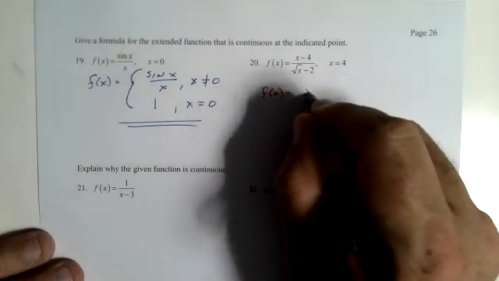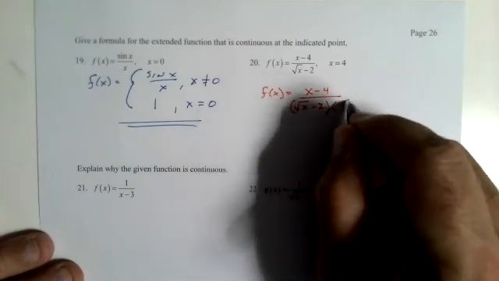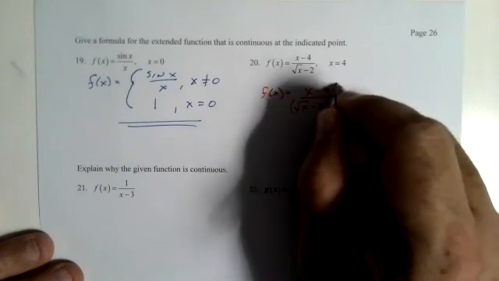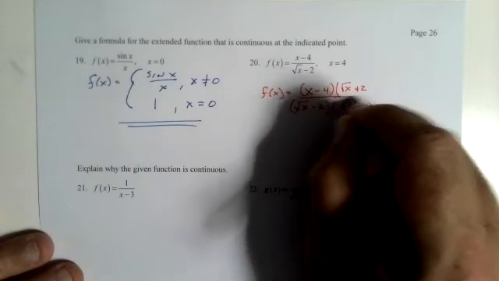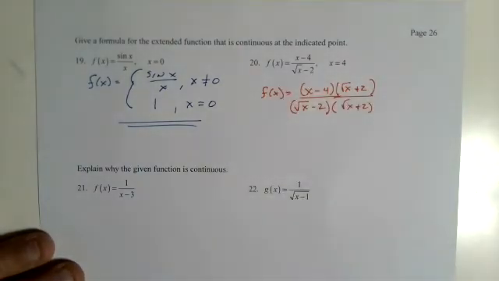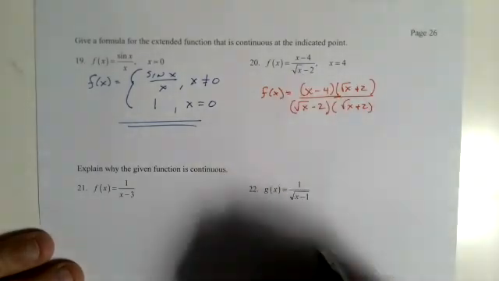Multiplied by the conjugate, x minus 4, root x minus 2, root x plus 2, root x plus 2. Oh, by the way, if we plug in 4, root 4 is 2, 2 minus 2, we get 0 on the bottom.